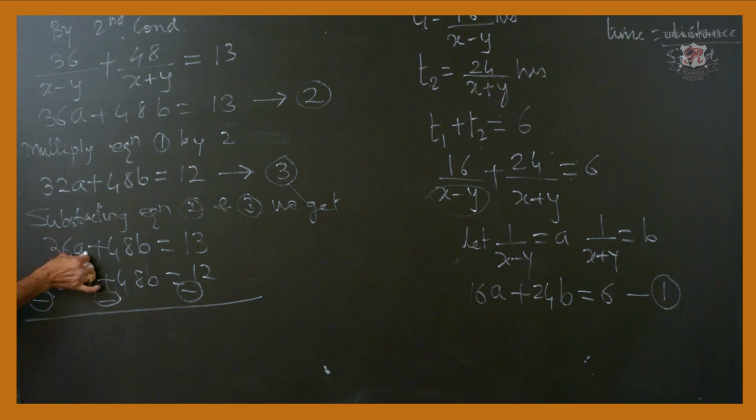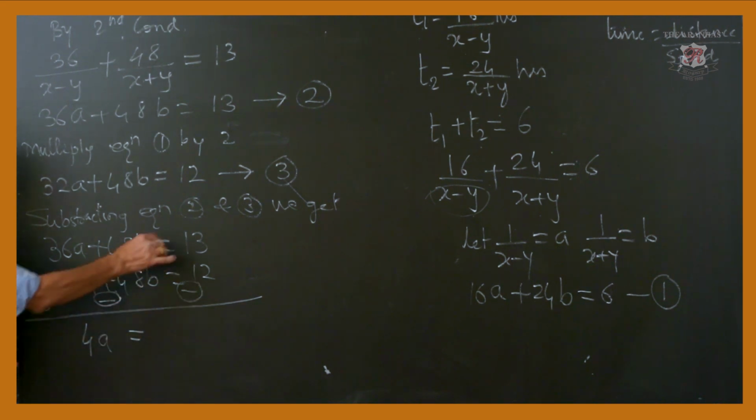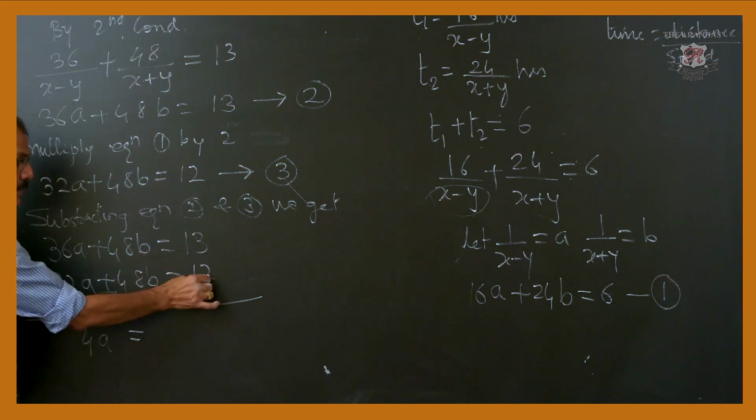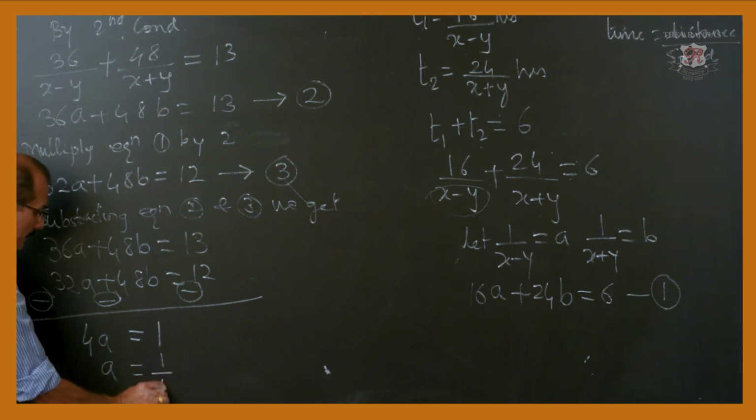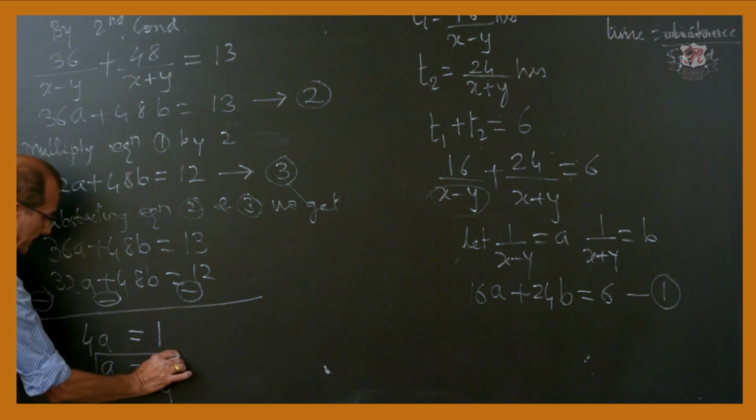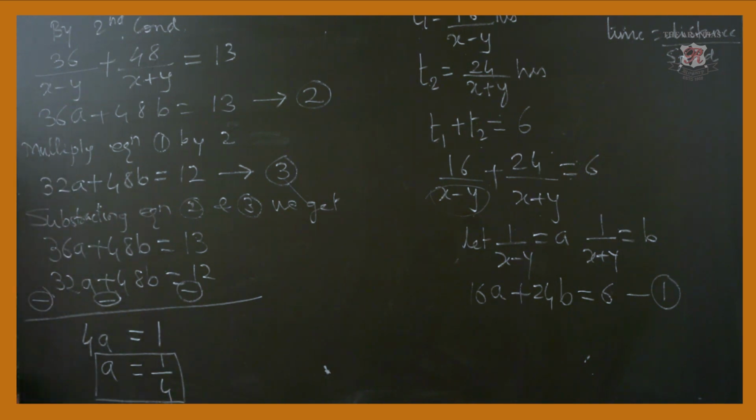So, 36a minus 32a gives me 4a. 13 minus 12 gives me 1. So, I get a is equals to 1 by 4.